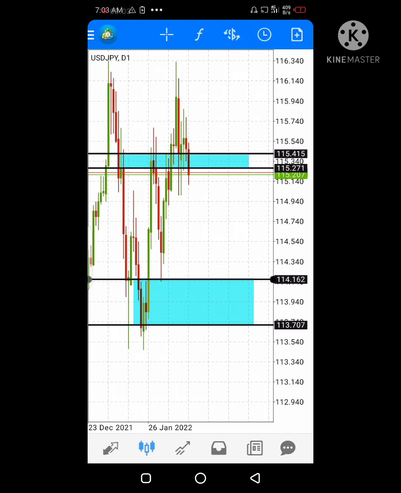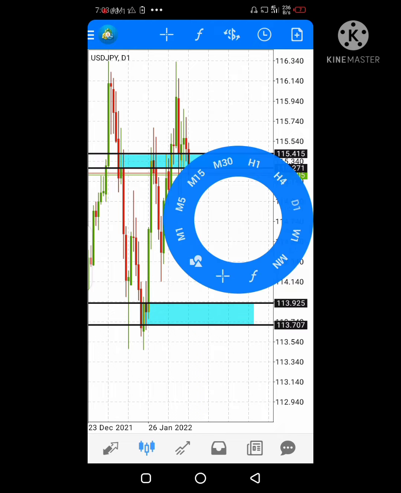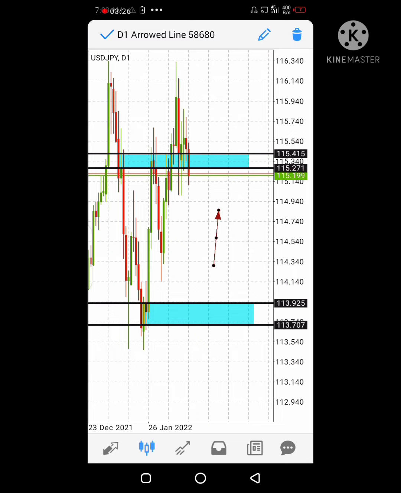So I'm just going to reduce it to here. When price gets to here, we're expecting to buy, and our stop loss is a few pips below this region or below this place. So when price gets here, we're looking for buy opportunities.